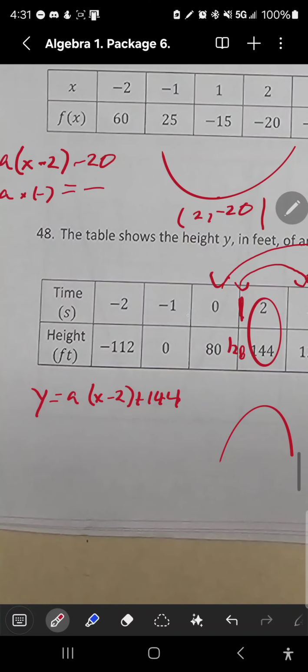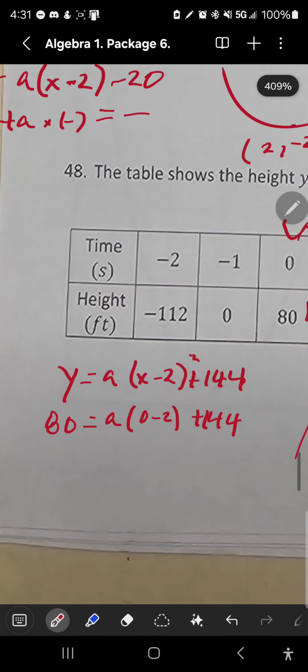I'm going to select a number. It's just easier to select 0 comma 80. So I have 80 equals a times (0 minus 2) squared plus 144. I'm going to subtract 144 from both sides.